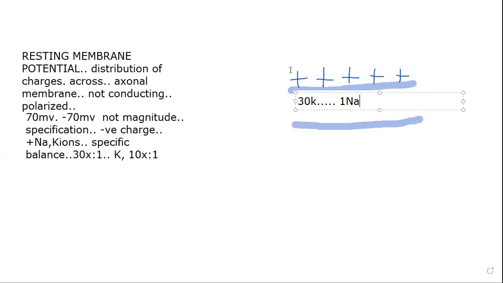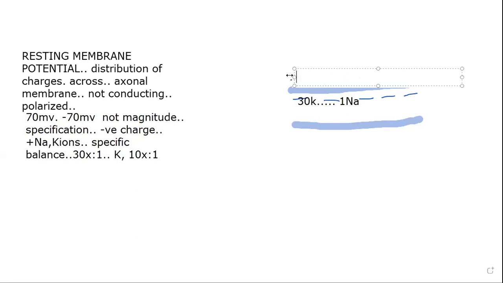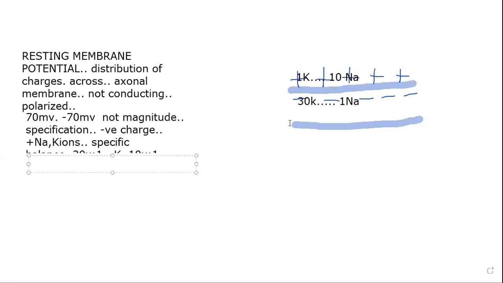Outside, we are going to have 1 potassium and 10 sodium. So this is the ratio that is existing across the membrane in a resting membrane state. This ratio has to be maintained.